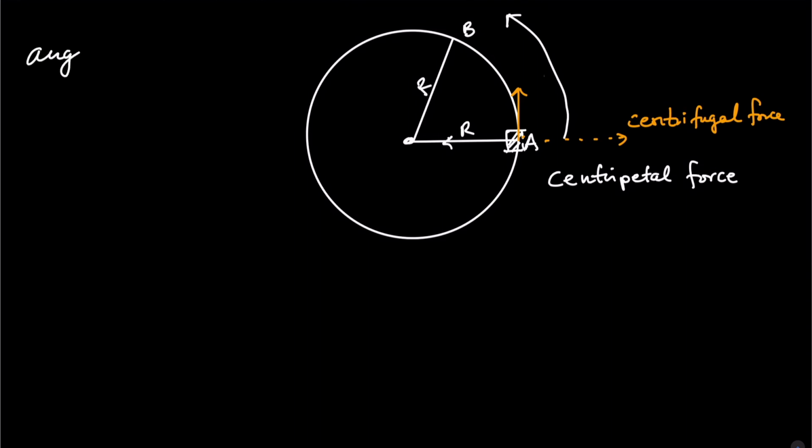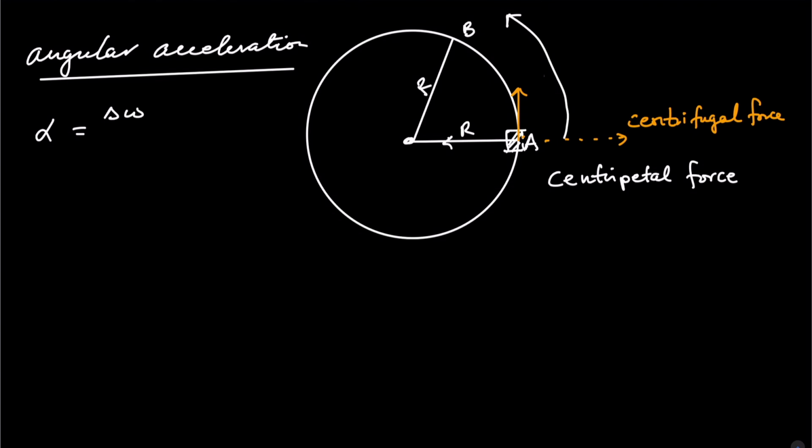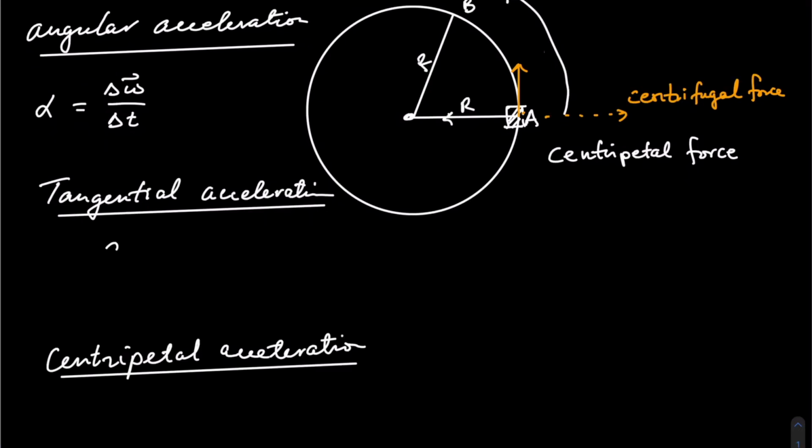Now, let's go back to talking about the acceleration. The angular acceleration is given by the change in angular speed over the change in time. Here are the accelerations that you need to think about in circular motion. The tangential acceleration, I'm just going to call it AT, and centripetal, I'm just going to call it AC.